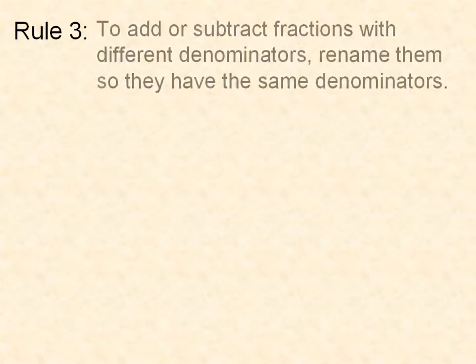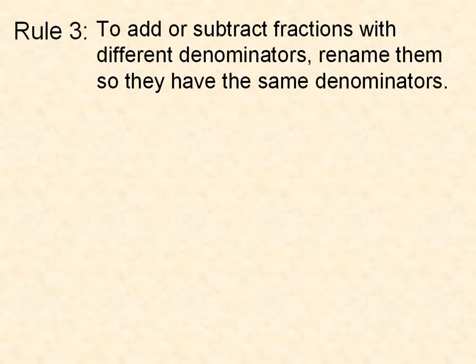If we combine these 2 rules, we get a third rule, which tells us how to add or subtract fractions with different denominators. To add or subtract fractions with different denominators, we must rename them so they have the same denominators. For example, 1/3 plus 2/5.